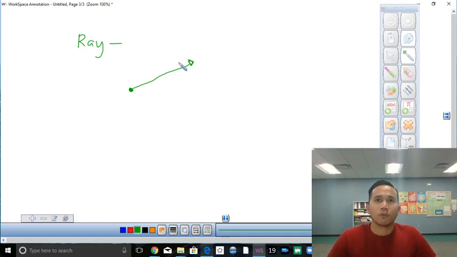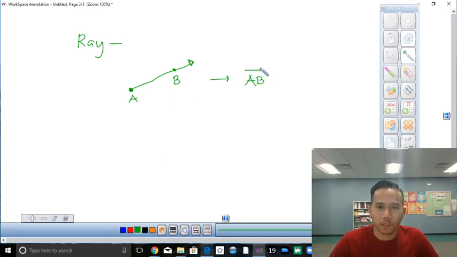Okay, your ray, you can name by using 2 points. So let us say this is ray AB, and then you get your AB and put a ray symbol on top of it. I want to emphasize that your ray has one endpoint here. This is the endpoint.